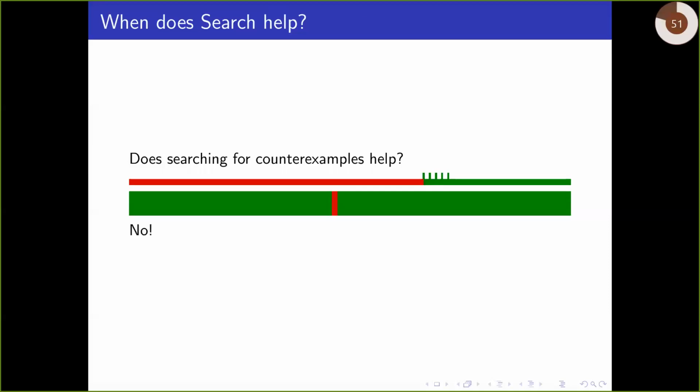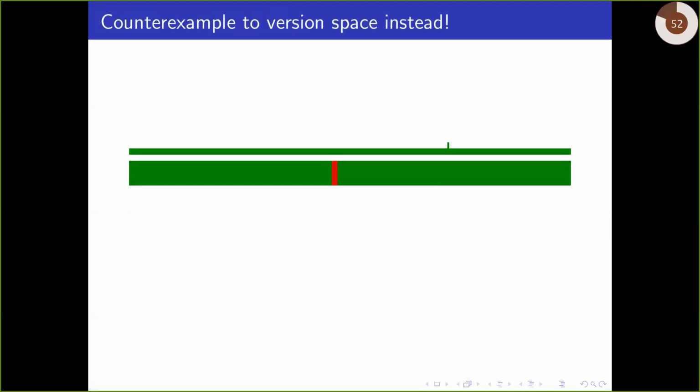Okay, so the trick here is that we're going to shift from thinking about counterexamples to a classifier, to thinking about counterexamples to a version space. In particular, we're going to create a set of classifiers which are simple, and then more complex, and then more complex, and then more complex.